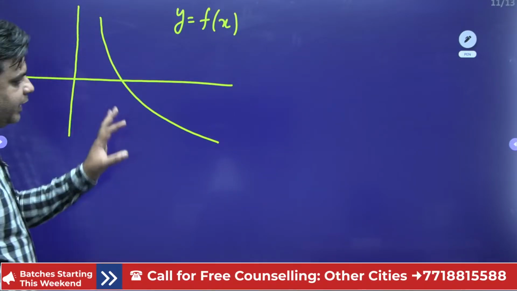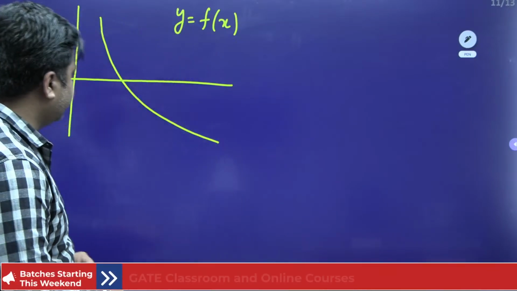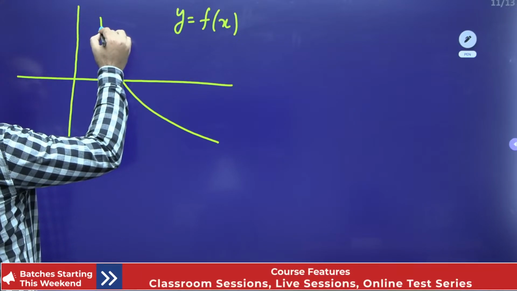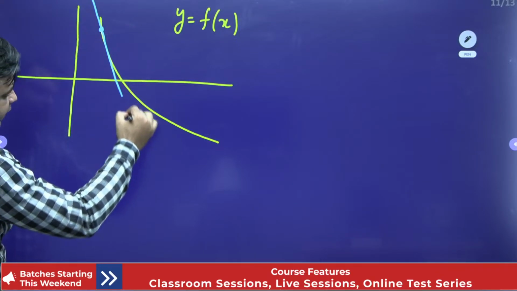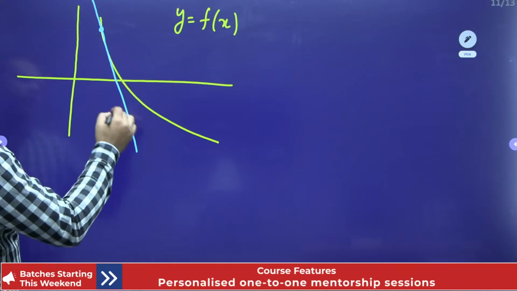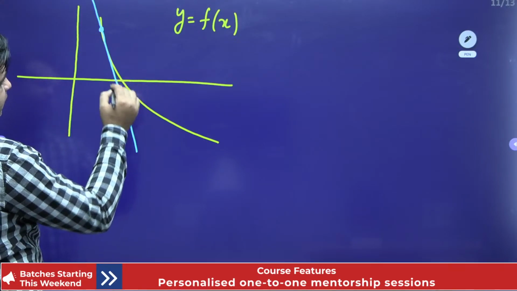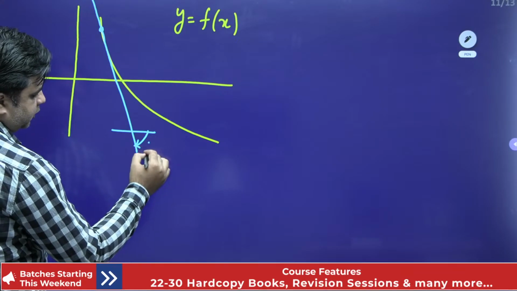Now we need to say something about the slope of this function. If you look at this point, this is the tangent that we have at this point, and this is the angle made by the tangent with the horizontal. So this is theta.